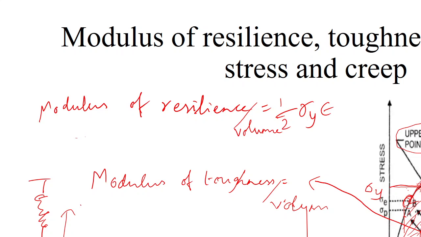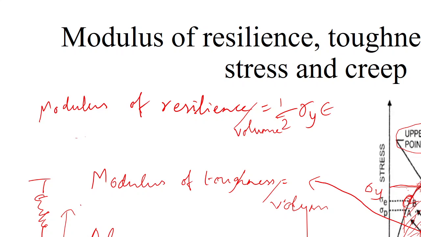I heard another person asking a doubt, but I was actually answering allowable stress. I think it is the stress the material is allowed to undergo after considering the factor of safety. Correct.